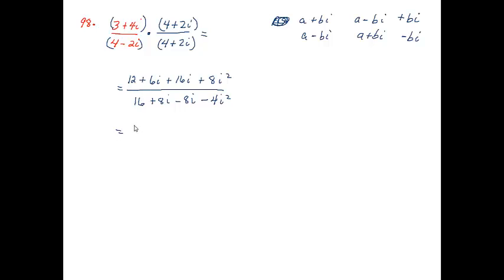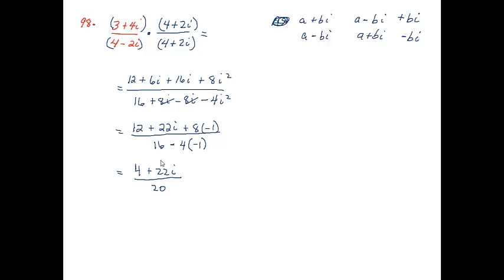I have 12 plus 22i plus 8 times negative 1, all divided by, well, the middle terms cancel out, and I have 16 minus 4 times negative 1, and we can keep working. What is that? That's going to become 4 plus 22i divided by 20.